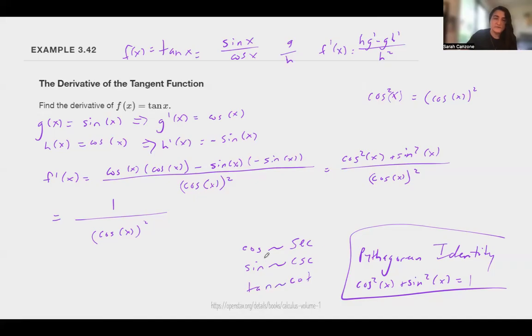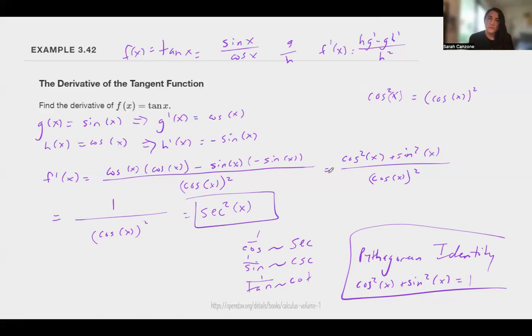And the relationships between them are that secant is going to be 1 over cosine, cosecant is 1 over sine, and cotangent is 1 over tangent. So these are the relationships between the extra trig functions. So if we see 1 over cosine, that's just secant. And if we square it, that is secant squared of x. So the derivative of tangent is secant squared of x.